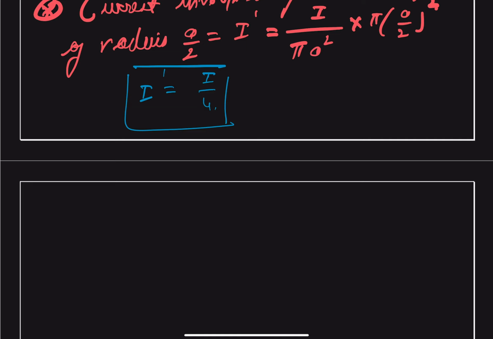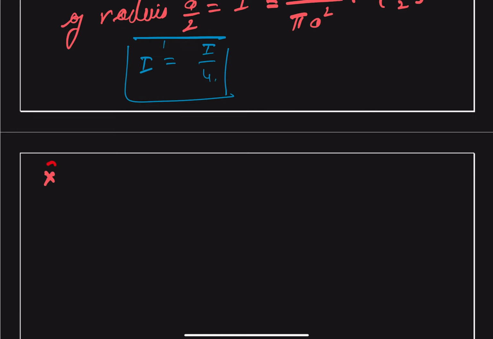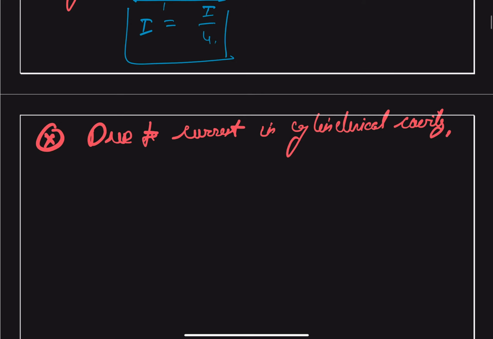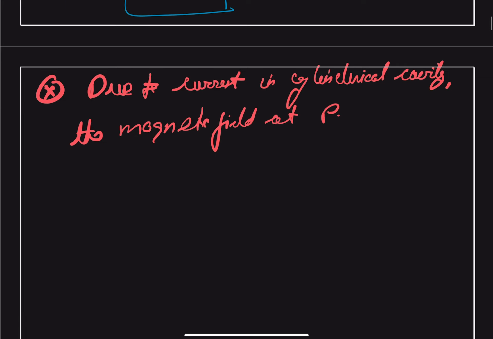Now we find out the magnetic field because of this current I prime. Due to current in the cylindrical cavity, the magnetic field at P, let us call that B2.